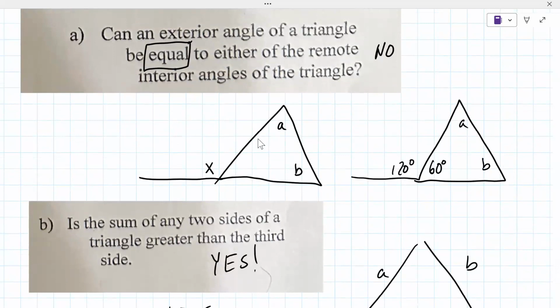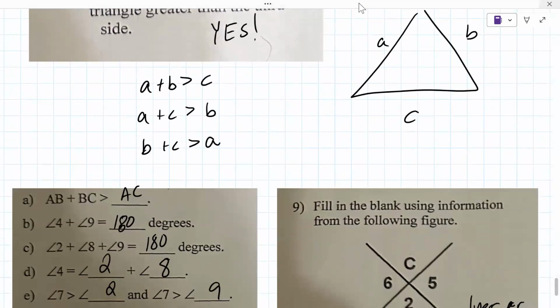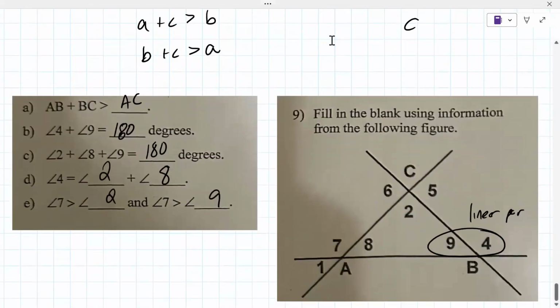But couldn't it also be... I mean, there's a lot of things. You could say it's for sure greater than 8, but that's only because of the way it's drawn.